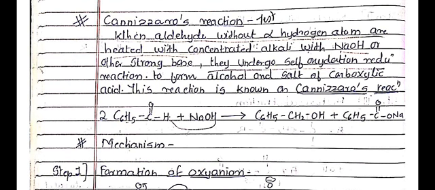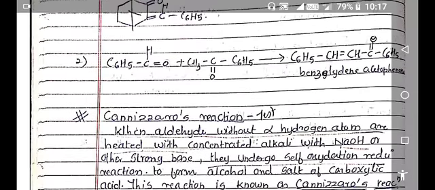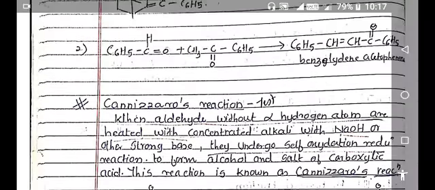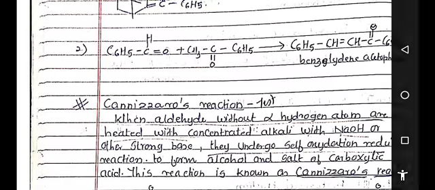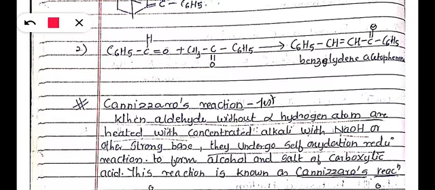One is the Knoevenagel reaction, one is the Claisen-Schmidt reaction, and the third one is the Cannizzaro reaction. In all three reactions, we have to remember that in the reactant there is aldehyde and ketone, but the difference is that in the Cannizzaro reaction there are two molecules of aldehyde having no alpha hydrogen atoms. Having no alpha hydrogen is a special condition.